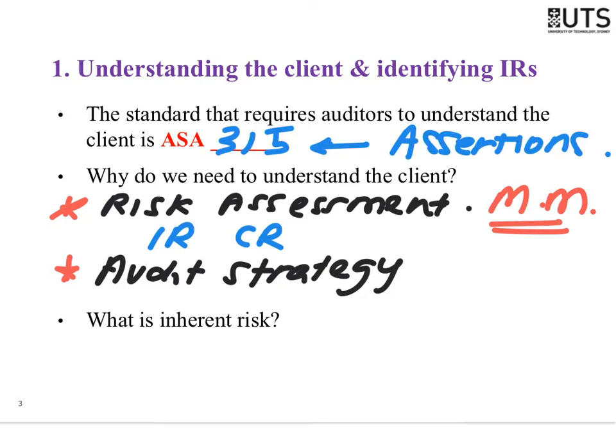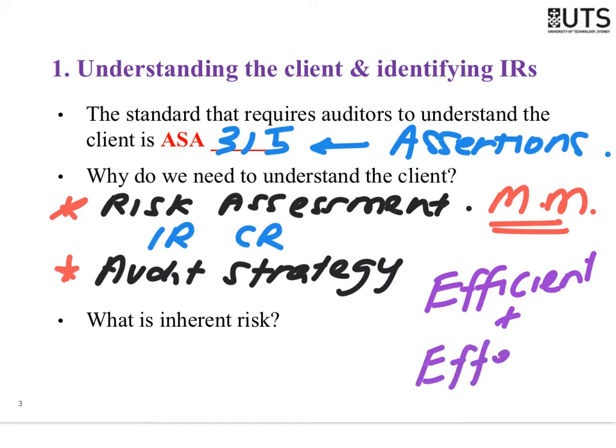Now, ultimately, why do we want this understanding? Just to add one more level to it, we want to be efficient and we want to be effective. Now, what does that mean? Ladies and gentlemen, once we know the areas or the accounts where there is a higher risk of material misstatement, we focus more time, more energy, more resources into testing those areas, right?